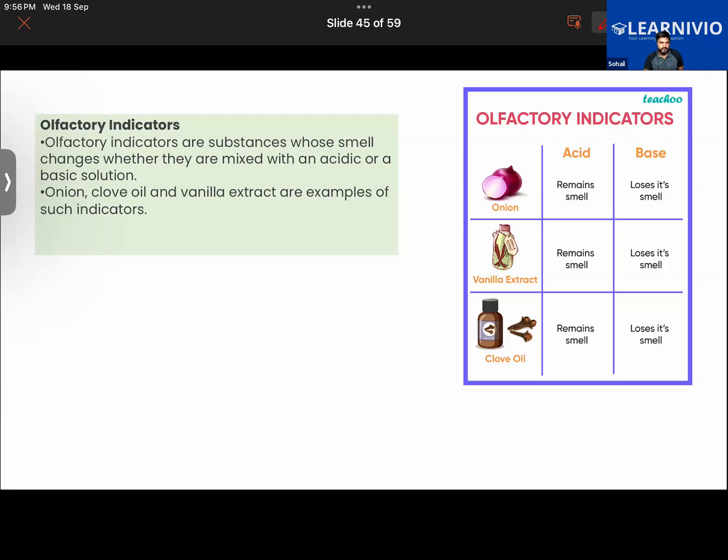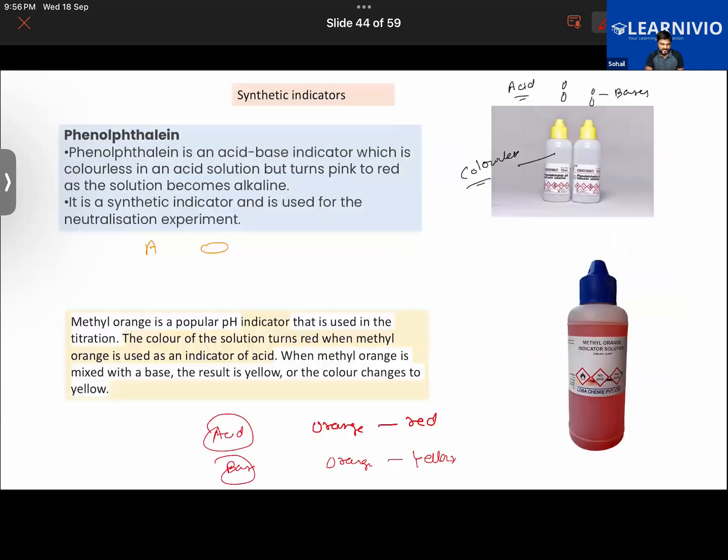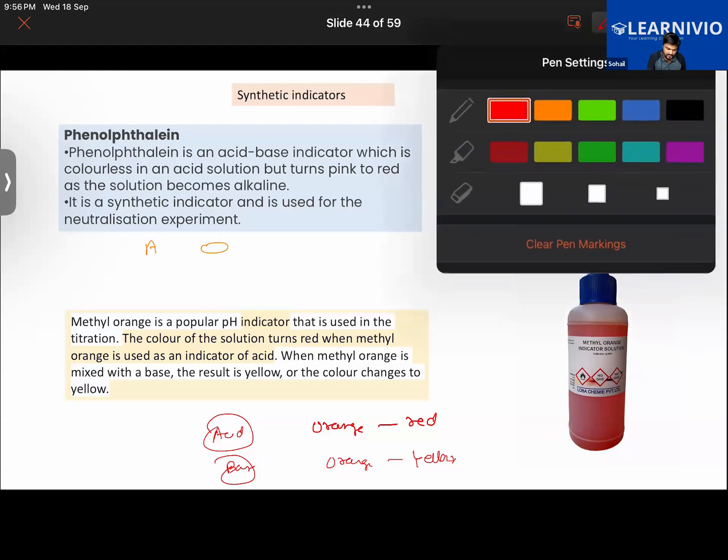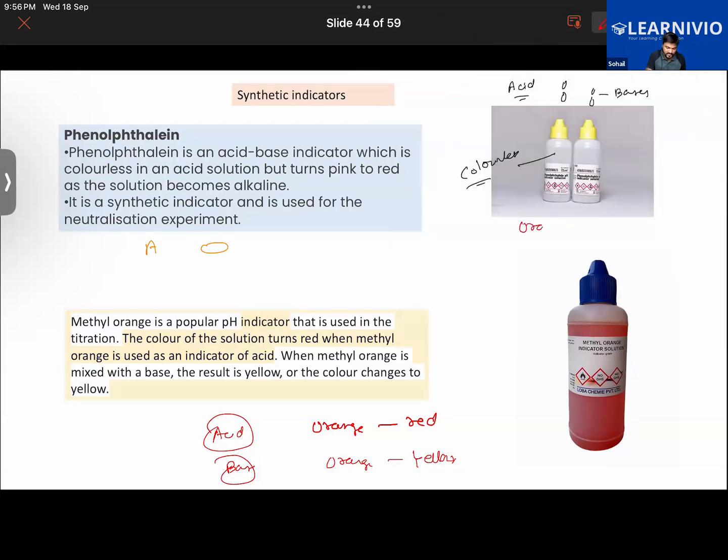Pink, okay. Now, if the acid is very strong, it will convert into an orange red color. Let us say you have an acid with a pH level of about 0 or 1. Then the color will turn to orange red.